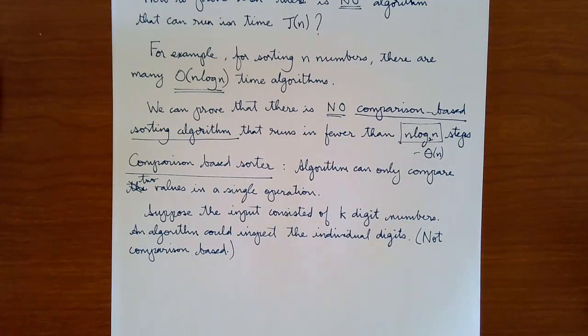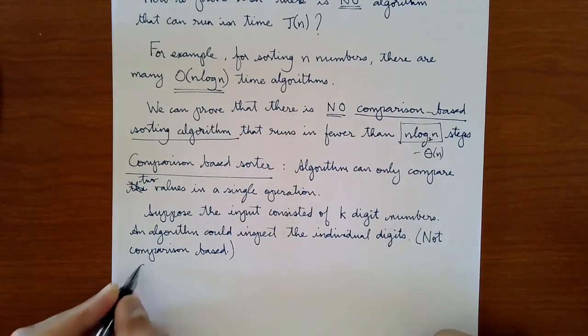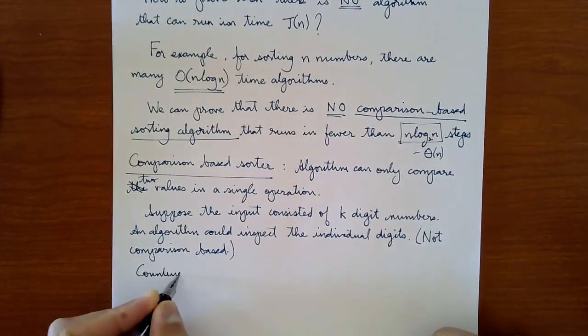And what are other options? You should compare something anyway, right? Or is there another way? Think, for example, suppose you knew that all the numbers were integers from 1 to n, and there are n of them. Another example of what you can do is something called counting sort.